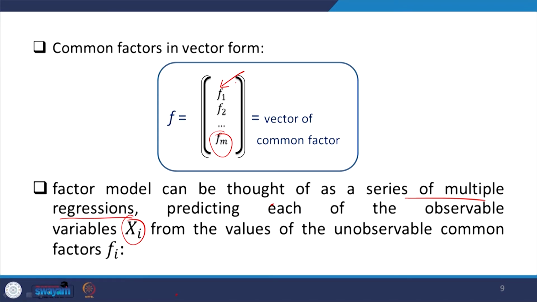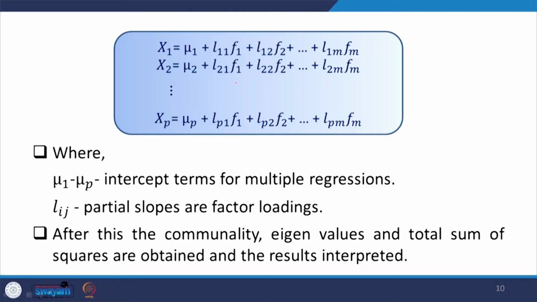Okay. So, now there may be some confusion. If you understand xi as the observable variables, then from the xi you may arrive at the factors called fi. Okay. And f may be your unobservable common factors. Now, that can be represented in a linear equation. As I already mentioned, it explains multiple regressions with multiple variables together.